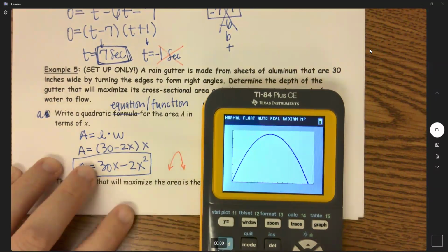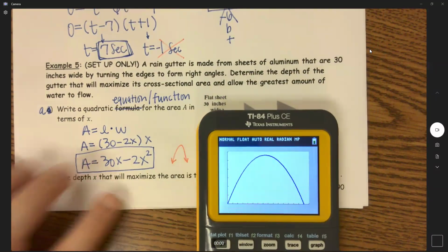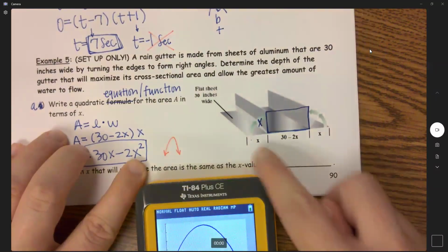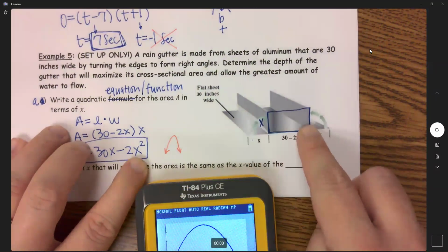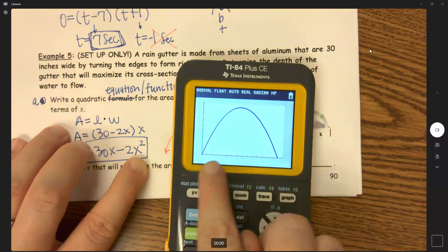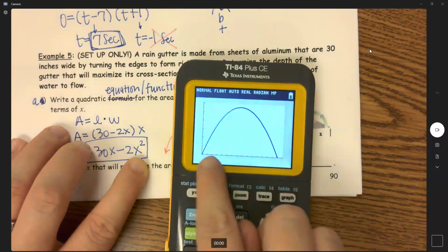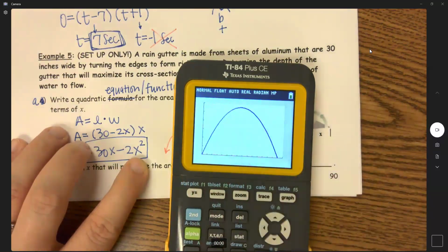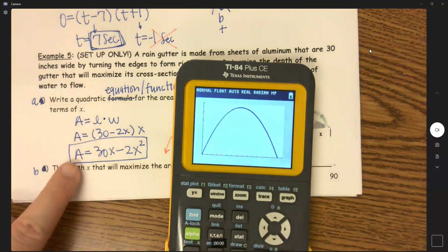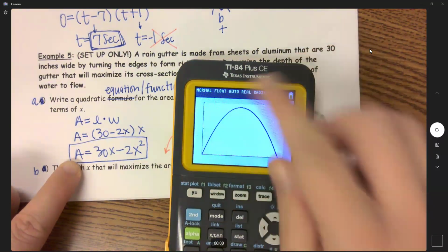Now, talking about x and y, my x right here represents how much I am folding in. So if I'm folding in 5, if I'm folding in 8, whatever the case is. And then my y is my A that represents the area.